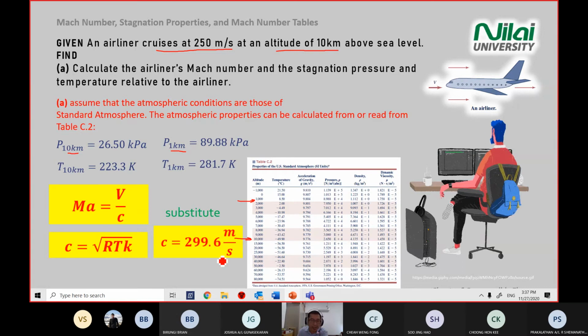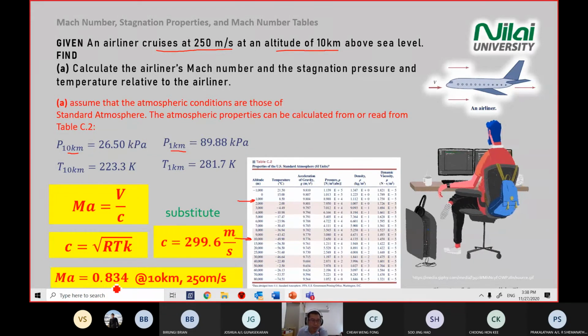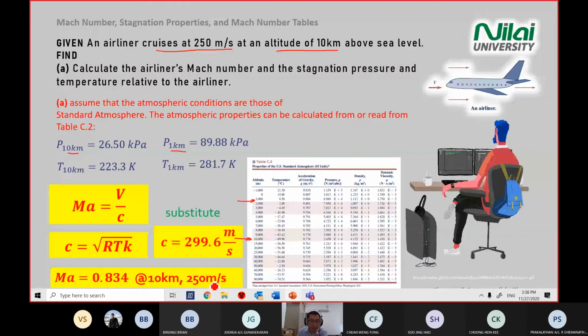I already explained how you get meters per second, we did the conversion just now. So you substitute all the values, and you get about 0.8 Mach number. Mach number is a ratio, so you don't have a unit for Mach number. So you get 0.8 at 10 kilometers. From the Mach number you can find the speed.